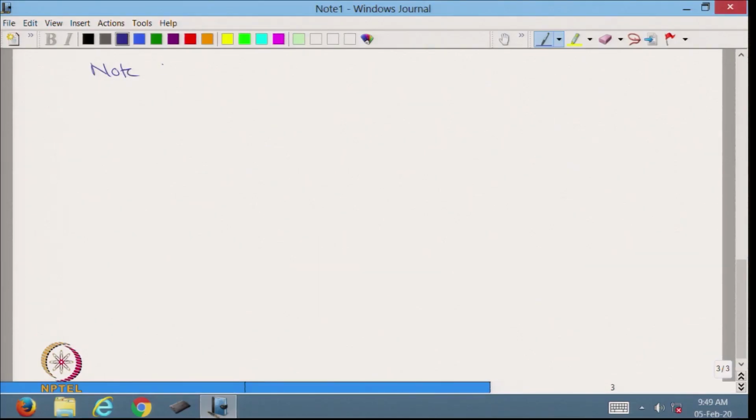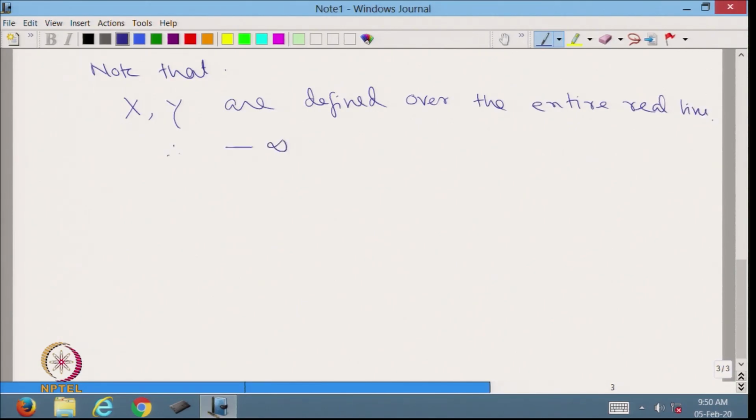Note that x and y are defined over the entire real line. Therefore, minus infinity less than x, y less than plus infinity.